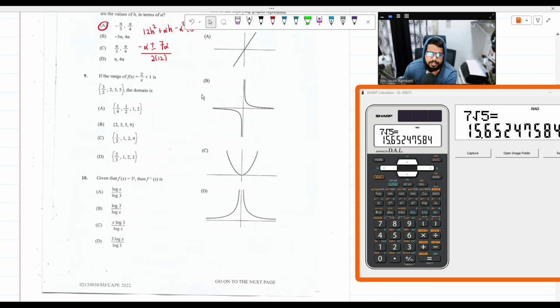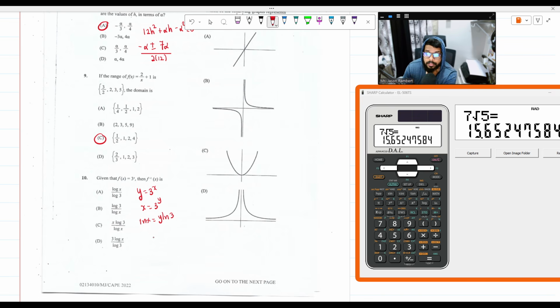The range of this, there's a repeat question. The answer for this was C. If you remember, for the range, to get the domain, we have to get the inverse. Given that f of x is 3 to the power of x, f inverse x is, so that y be equal to 3 to the power x, interchange x and y. ln x is equal to y ln 3.